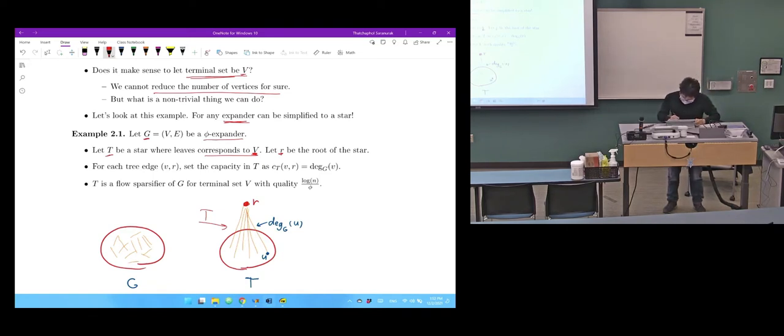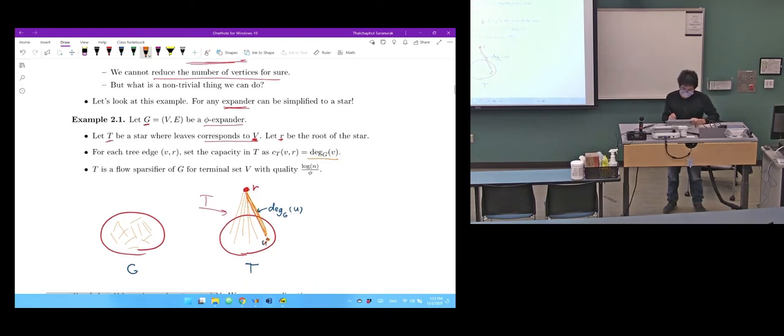And for each of the edges from an original vertex V to R, we set the capacity to be just the degree of V. Now I claim that this star is a flow sparsifier of this expander.